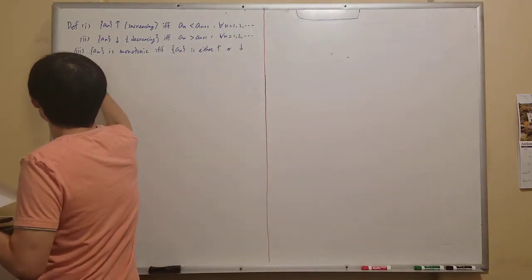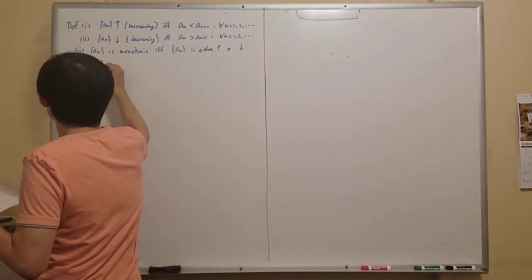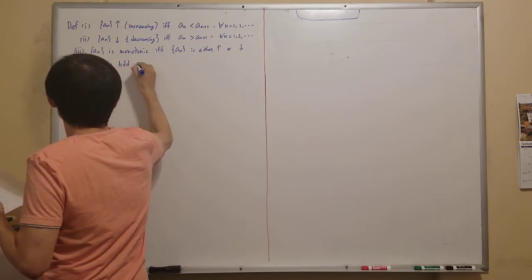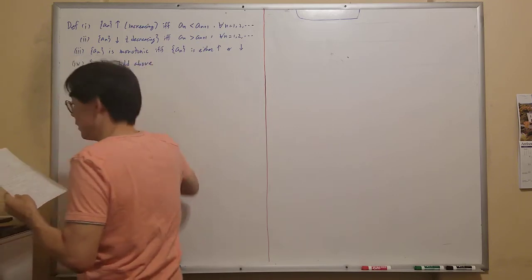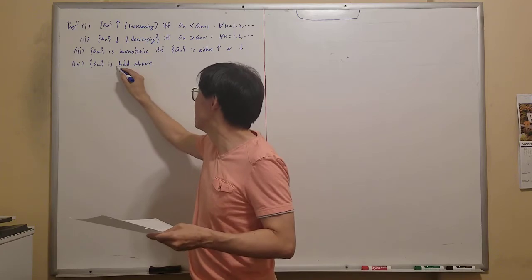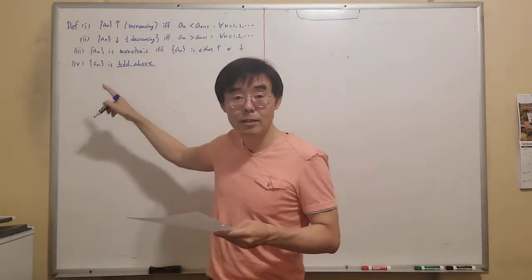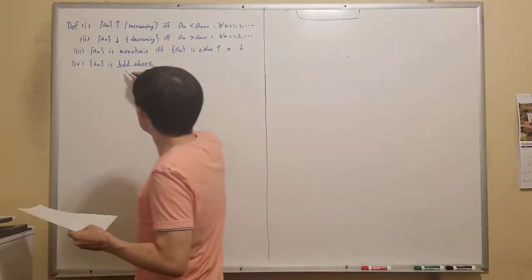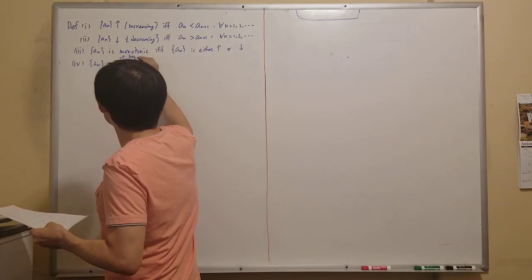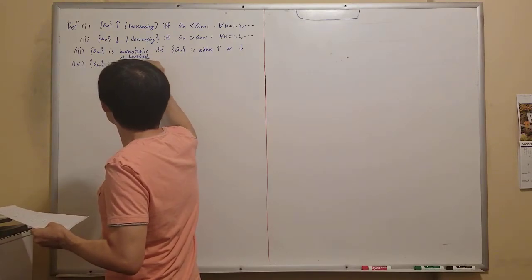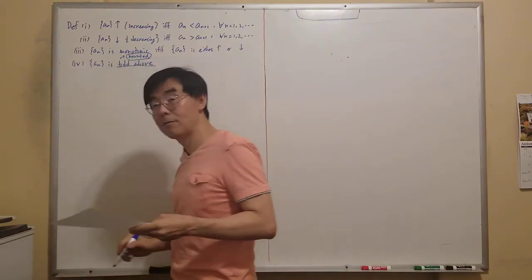And then a sequence is bounded above. BDD stands for bounded.